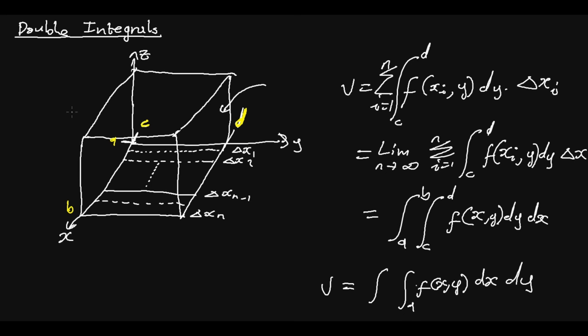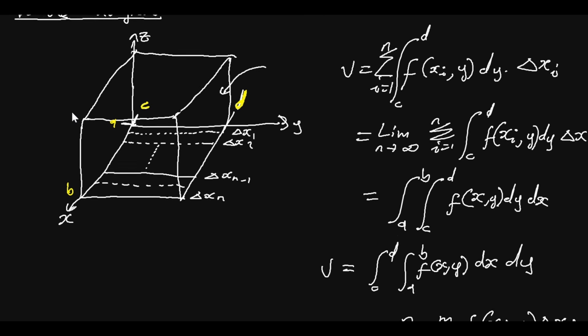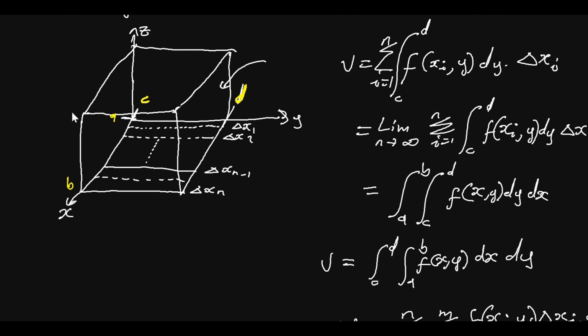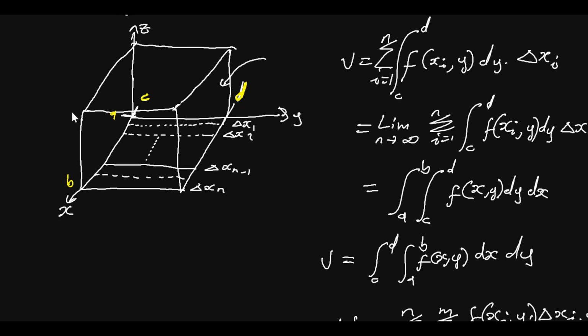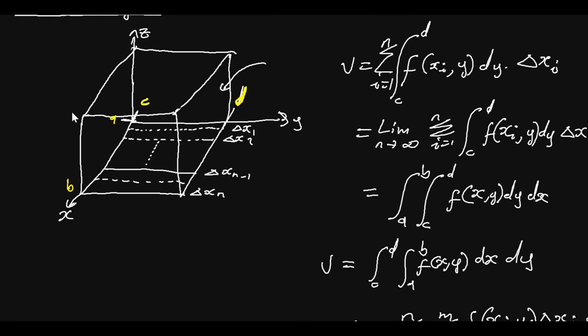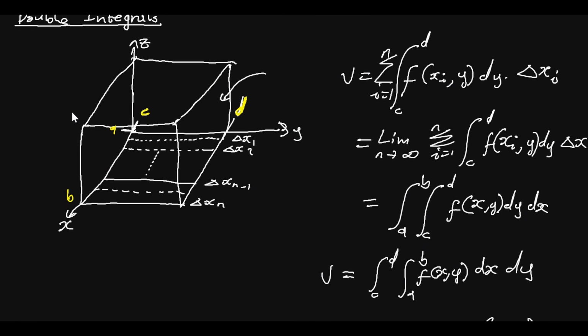It means the a and b will be here, and the c and d will be outside. So it appears that we will get the same volume. We just have to do this iterated way of finding the volume. We perform the integration one at a time, and then we get the volume that we desire. So that is the idea basically here.